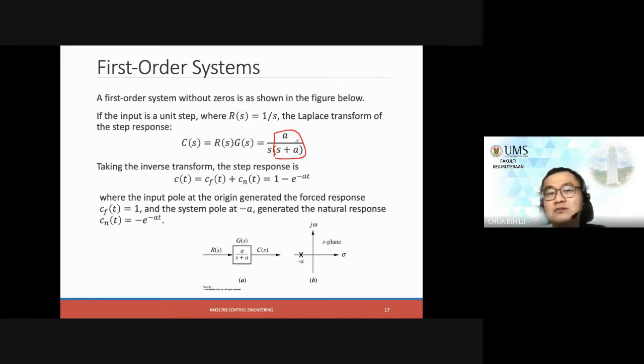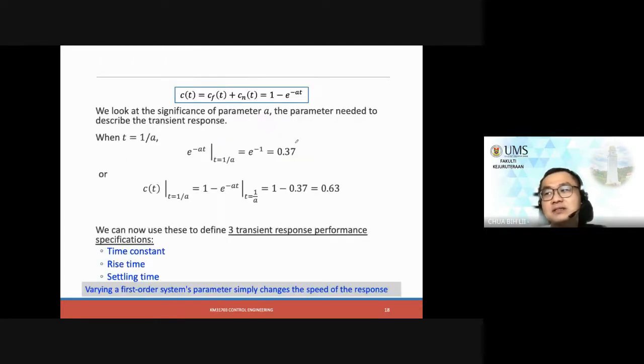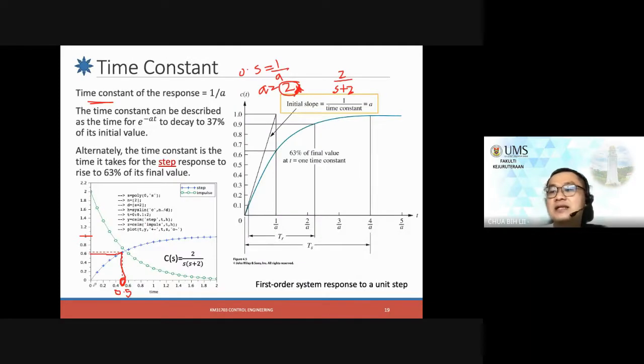So what we usually do is test the performance, and from the testing itself we generate this kind of graph. From the graph we are able to identify the time constant, and from the time constant we know the transfer function. This is how we can get our transfer function.